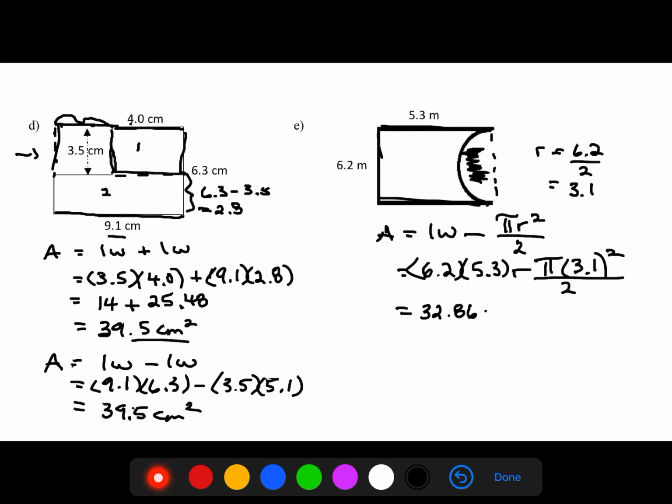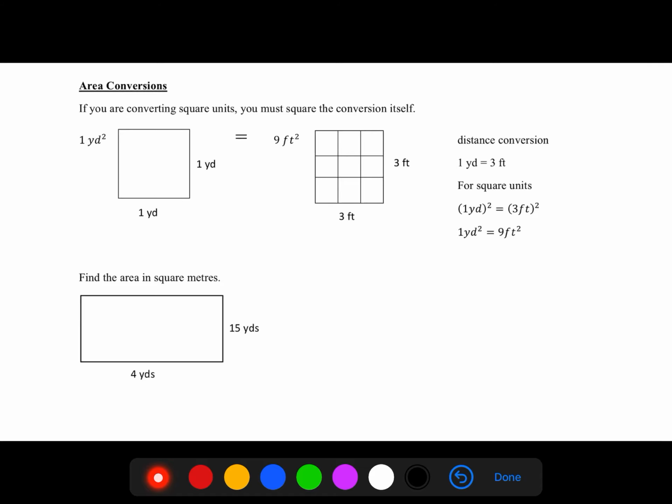If we want to write down this middle step, we can, or we can go directly to the answer if we are comfortable in our calculators. When we do our subtraction, we see that we get 17.8 square meters.